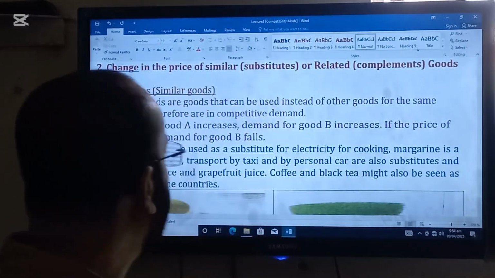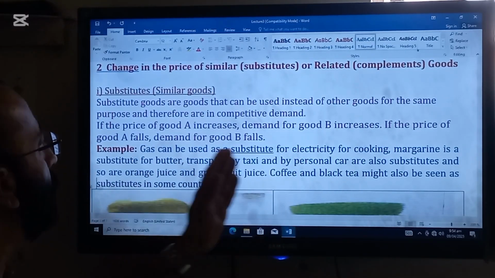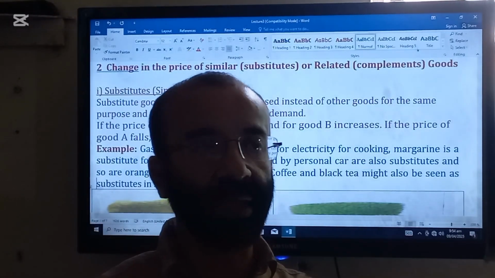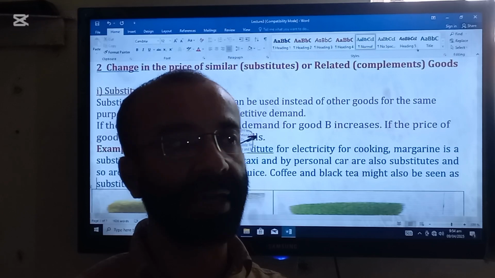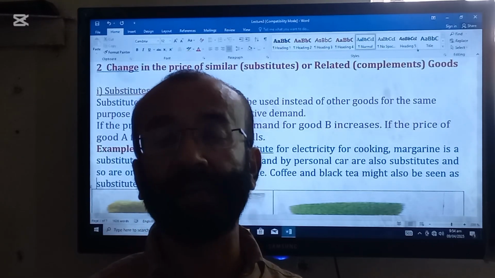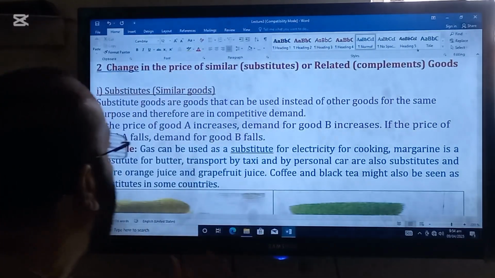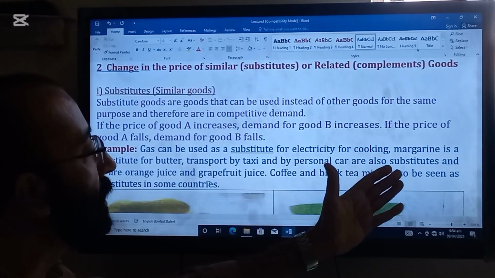So concentrate. Gas and electricity are actually substitutes of each other, because we can run our fans, our television sets, our electrical appliances on electricity as well as on gas. So gas and electricity are substitutes for each other for cooking.